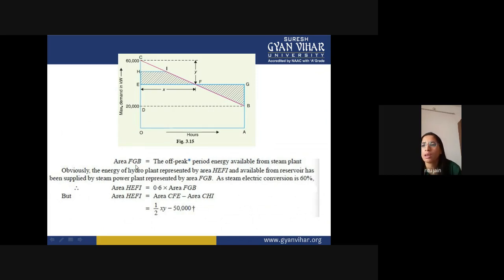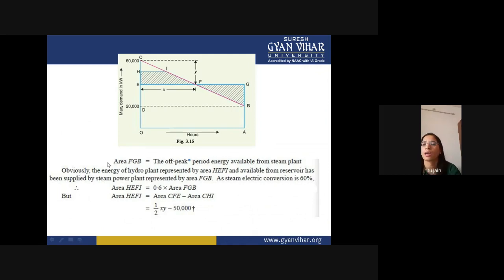Now, area FGB, this is your off-peak period. So this is the off-peak period energy available from the steam plant. This is the energy which is available for the hydropower plant, and this is the energy available from the steam plant.